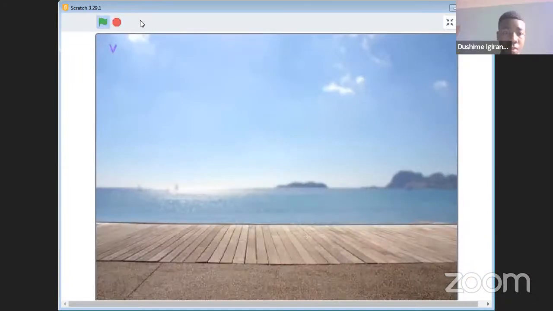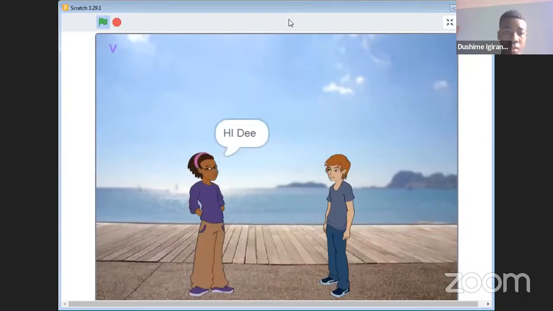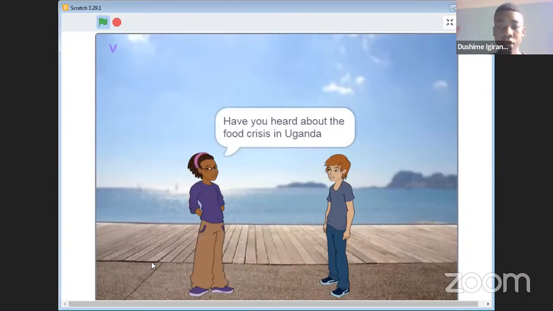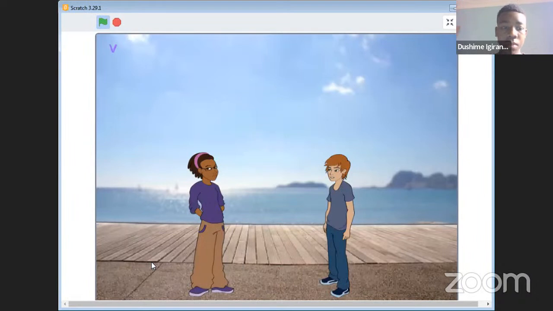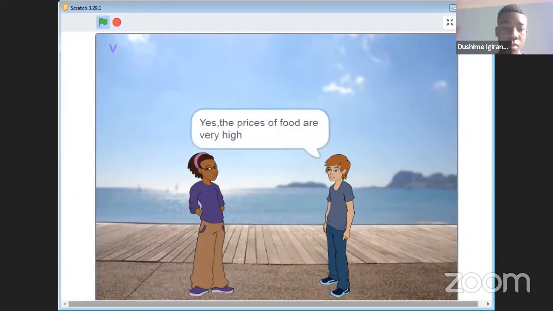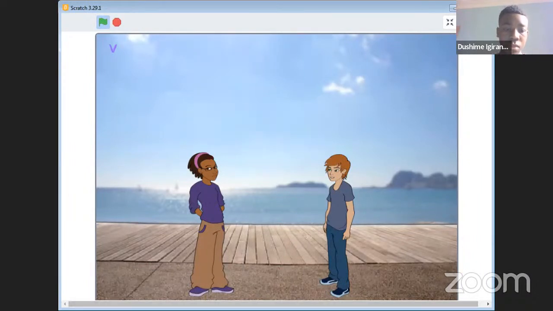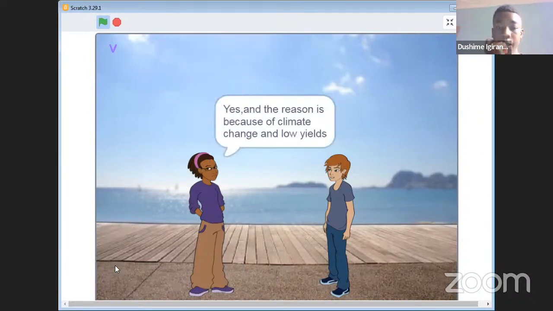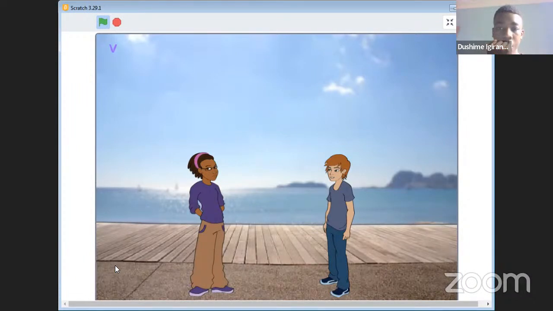Sustainable sourcing of food in Uganda. Hi, Dee. Hi, Avery. Have you heard about the food crisis in Uganda? Yes, the prices of food are very high. Yes, and the reason is climate change and low yields.